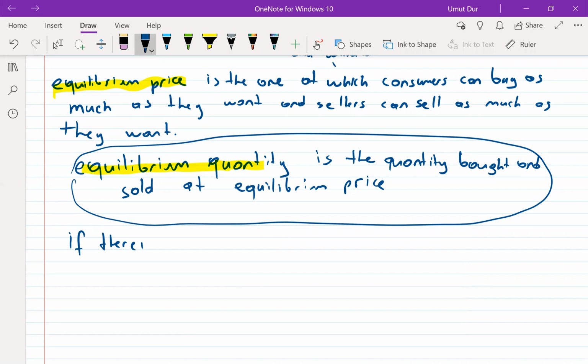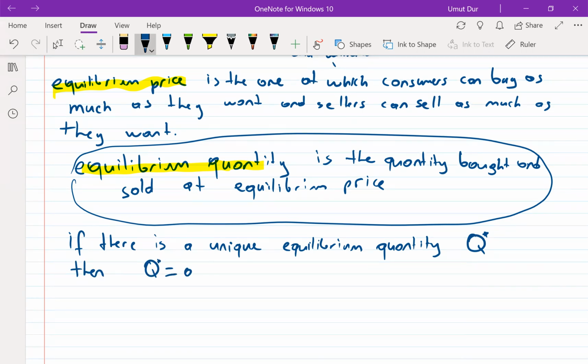If there is a unique equilibrium quantity, let's say Q star, then Q star is equal to quantity demanded, and it's also equal to quantity supplied.